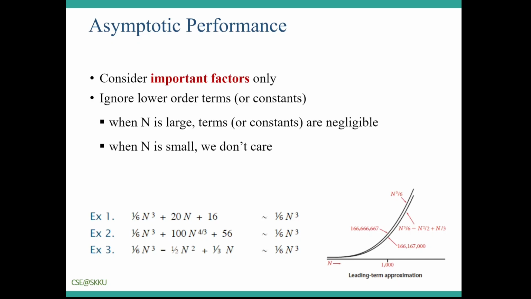Here is an example to apply the definition of big O. We have Fn equals 25 times n and Gn equals 1/3 times n squared. We want to show that 25n is in big O of n squared over 3.